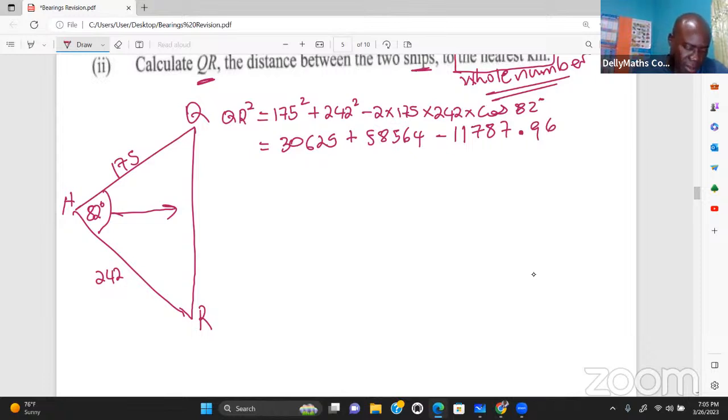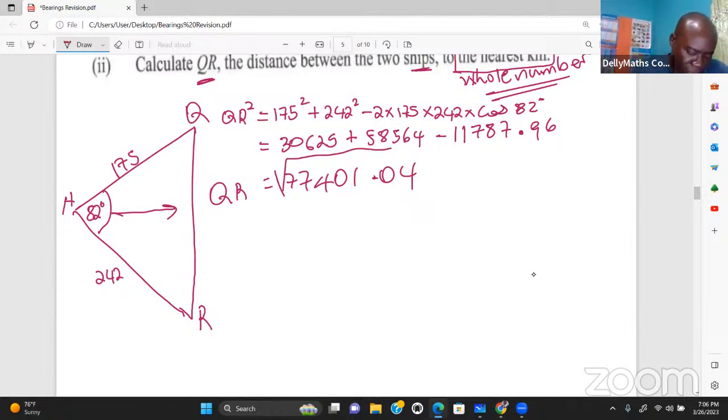So let's just work this out. 30,625 plus 58,564, take away 11,787.96, and I'm looking at 77,401.04. So if I'm going to find QR, I'm going to have to take the square root of that.